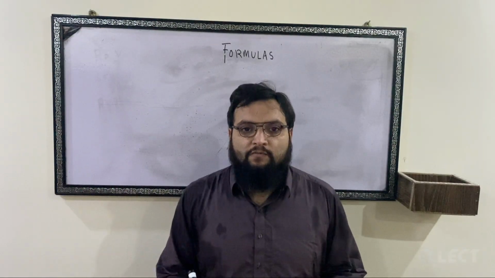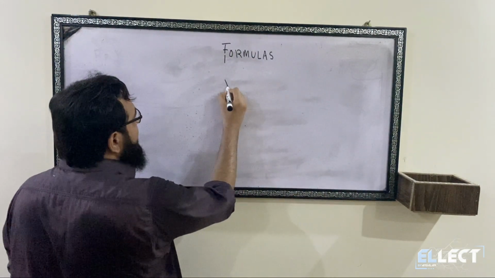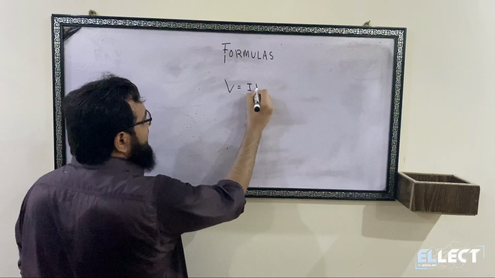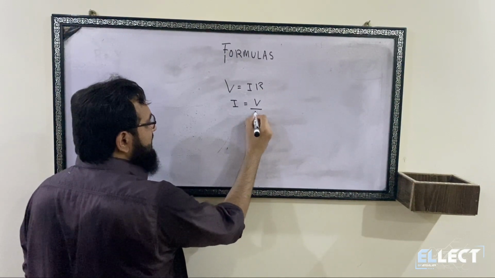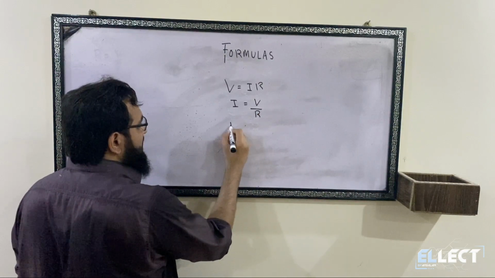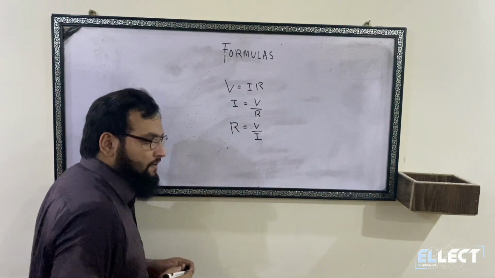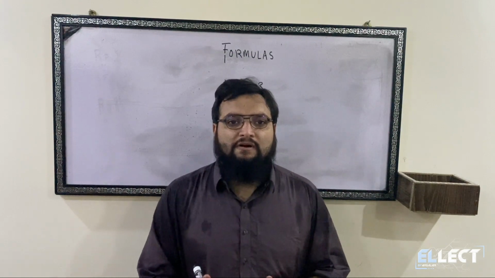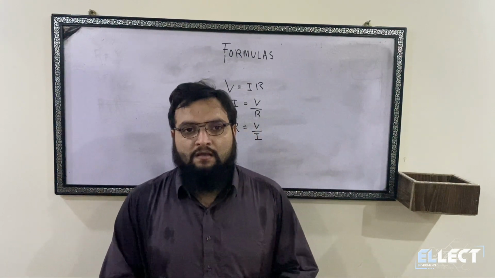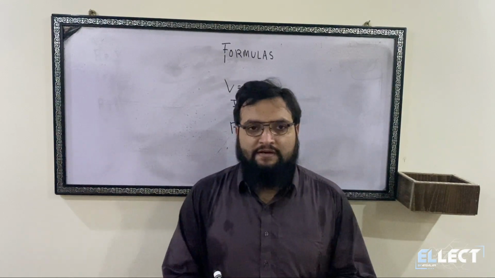Formulas. The formula of Ohm's law is V is equal to IR, I is equal to V over R, and R is equal to V over I. Now a new term comes into assessment, which is power. The product of voltage and current is known as power.